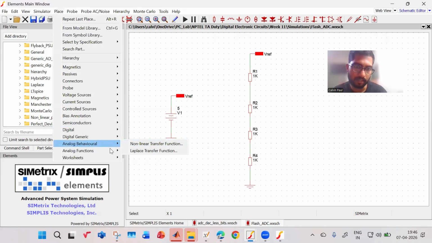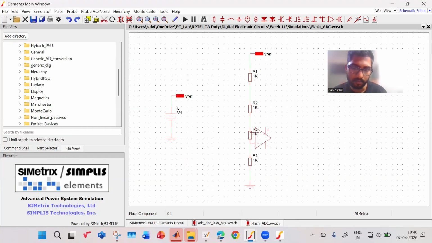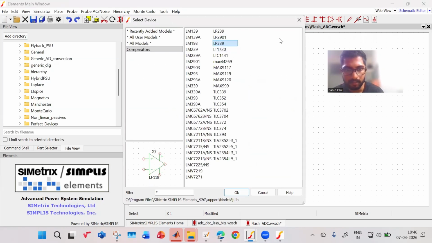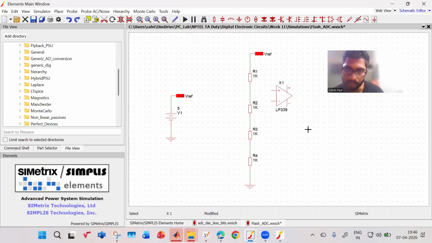So a comparator will give plus or minus. Okay, let us say plus, let us say VREF. This, let us put ground. Okay, and this, like this here.